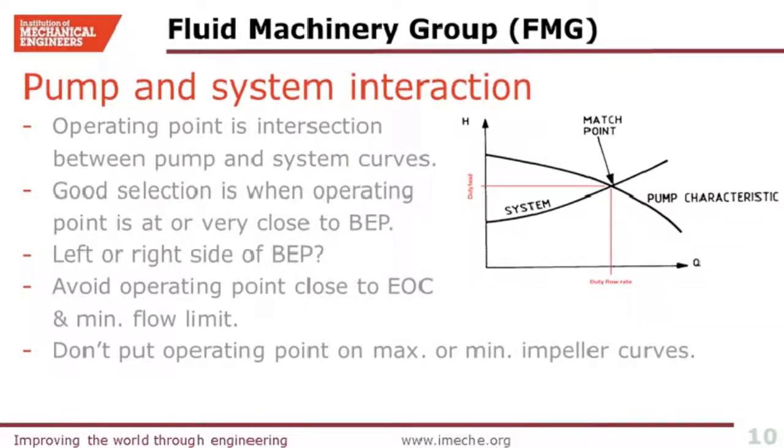Nowadays, this approach is not the best practice because it will result in an oversized motor. And it would be interesting to know that the minimum impellers are less efficient than larger impellers for a given pump.